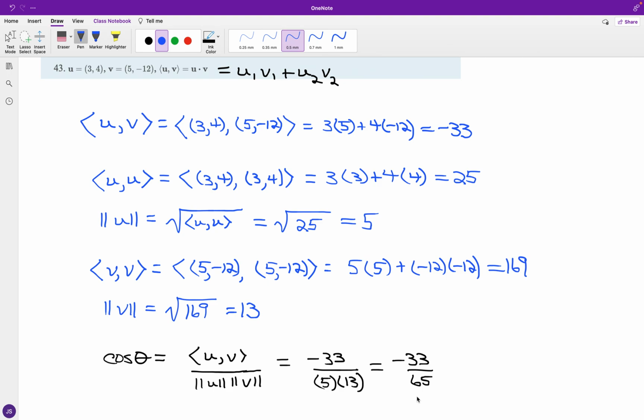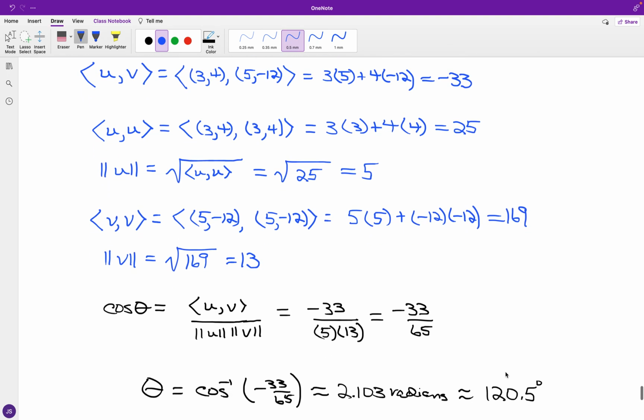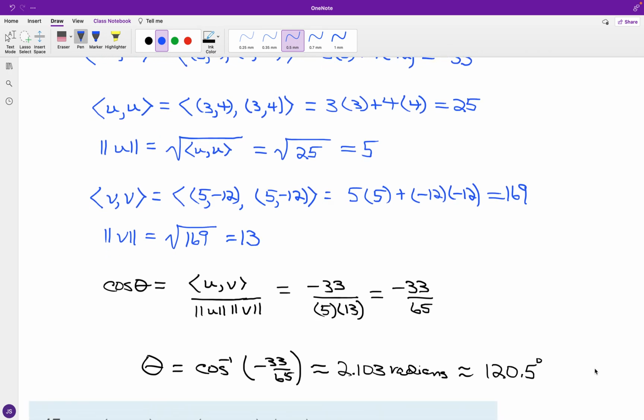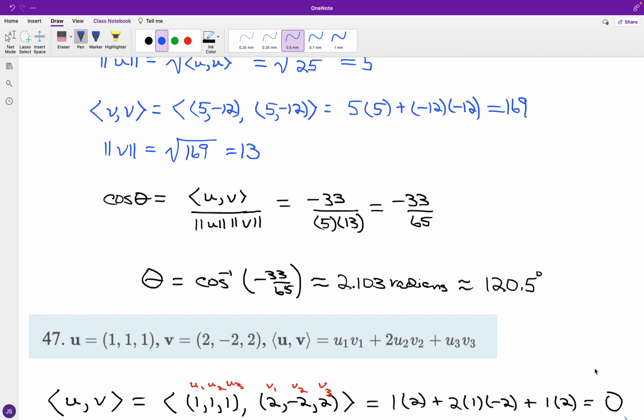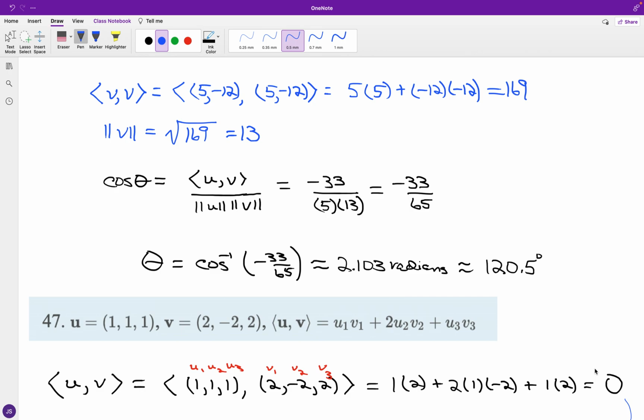So the cosine of theta is negative 33 over 65, and theta is the inverse cosine of negative 33 over 65, roughly 2.103 radians. In terms of angle measure, this is about 120.5 degrees.